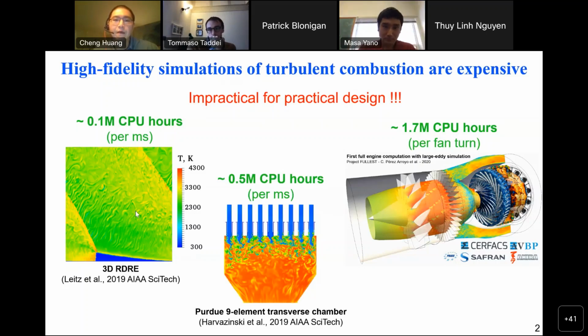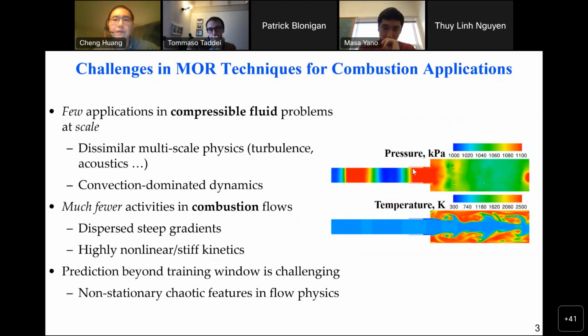Okay. But the challenge is that if we're looking at applying model order reduction methods to combustion applications, the flow we are talking about here is highly transport dominated, and in addition, on top of that, we have multi-scale, multi-physics coupling, because this is basically a turbulent flow with combustion and also with acoustics, because usually these engines are operating at very high pressure conditions.